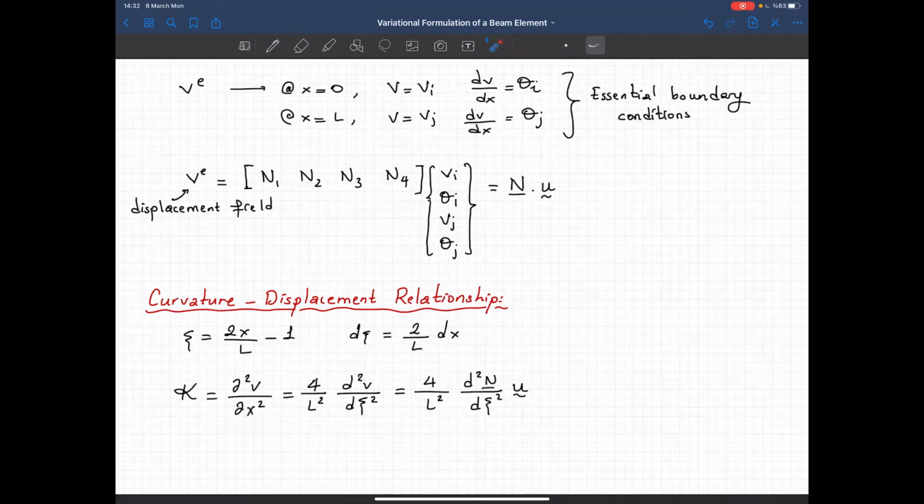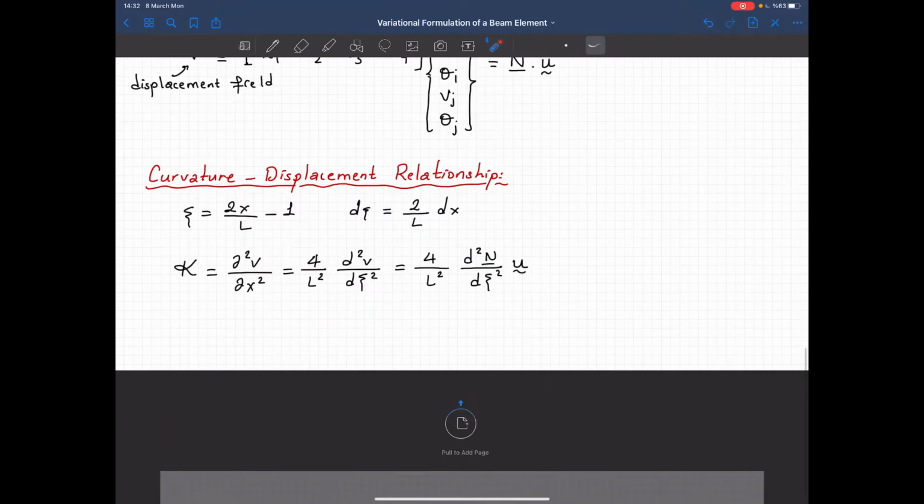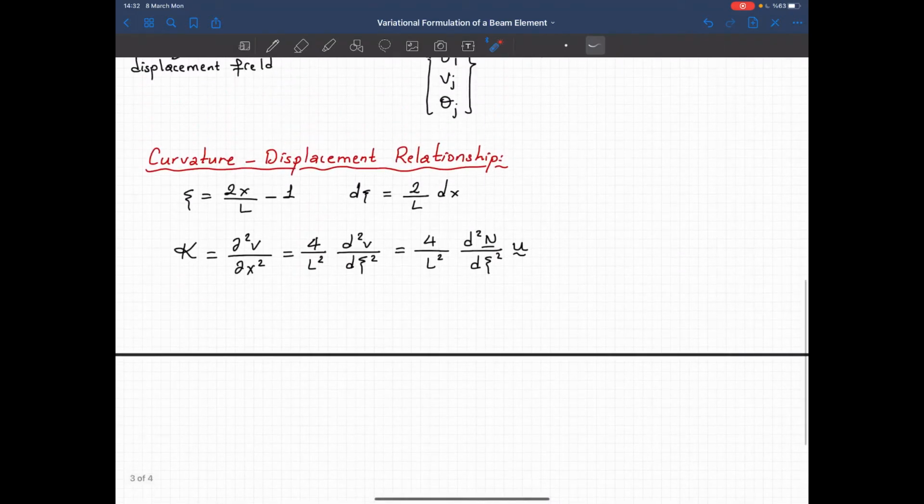Now the question is, how did we obtain this relationship? Let's also derive that. Let's say that I have a function and I want to take the derivative of that function with respect to x. So I'm using the chain rule now.